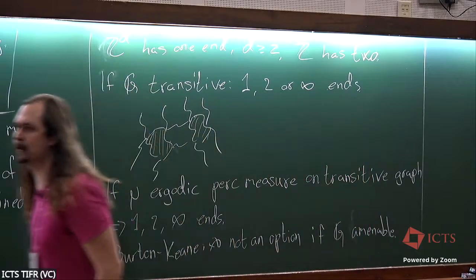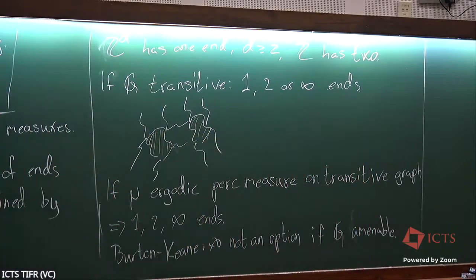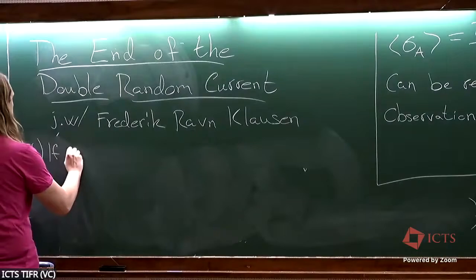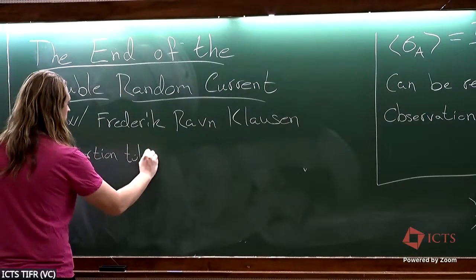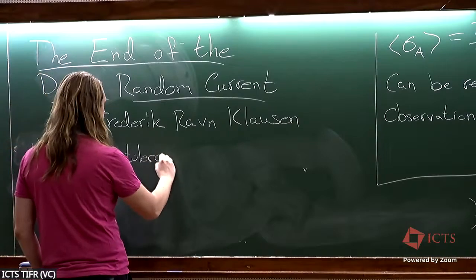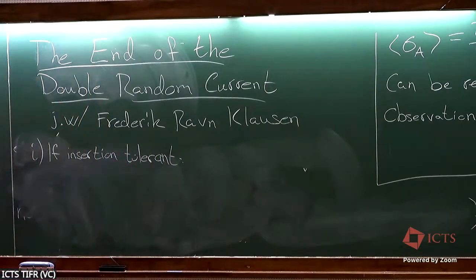And I guess I slightly lied here because how does this voodoo normally go? I lied slightly just before. So of course, normally when we're doing this sort of Burton-Keane type argument, we're using insertion tolerance to deduce that the number of infinite components is 1.